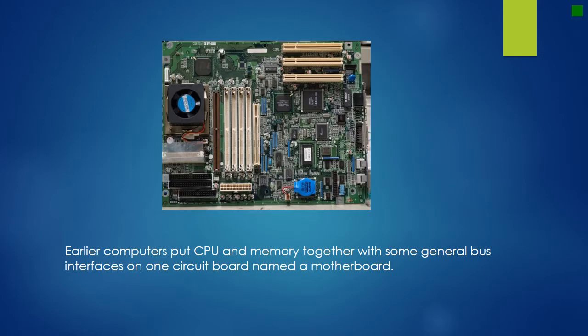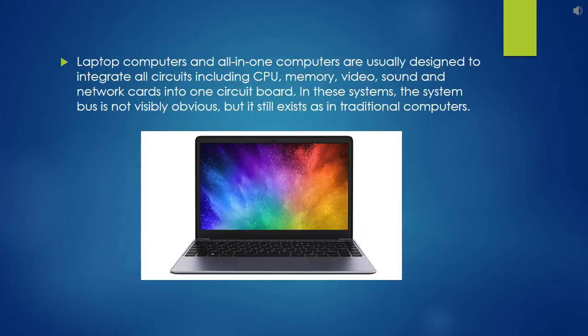Shown here is the early motherboard. So earlier computers put the CPU and memory together with some general bus interfaces on one circuit board, which is called a motherboard. There are also other I/O cards such as video and network, which can be inserted later if they comply with the bus standard on the motherboard.